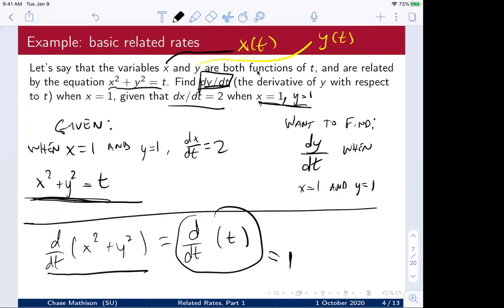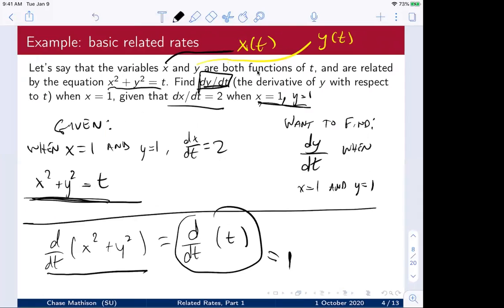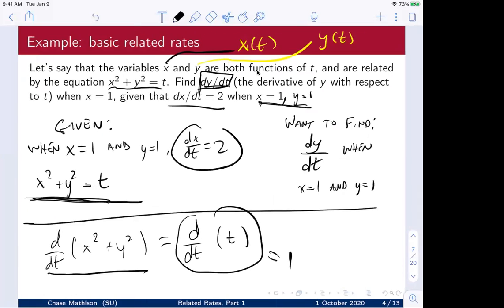What do I do about x and y and dx/dt? Would you be able to simplify the dx/dt as just 2? Yes, perfect. Exactly right. We want to know what dy/dt is explicitly when dx/dt is 2 and y is 1 and x is 1. That's exactly right.